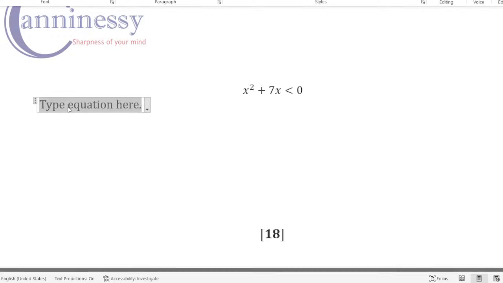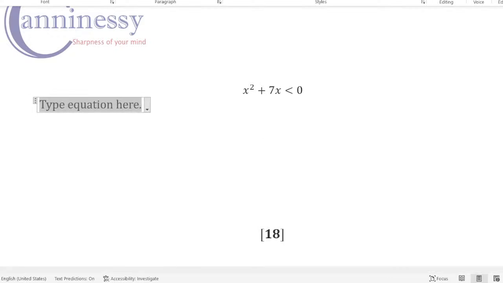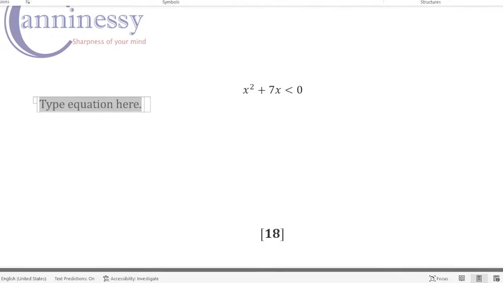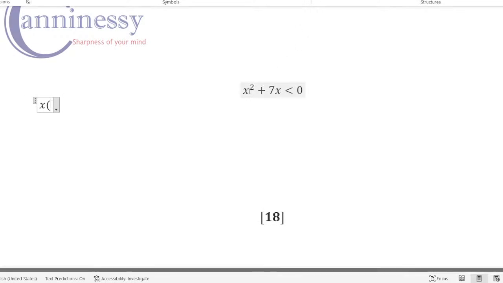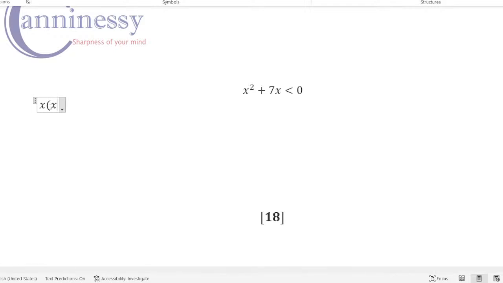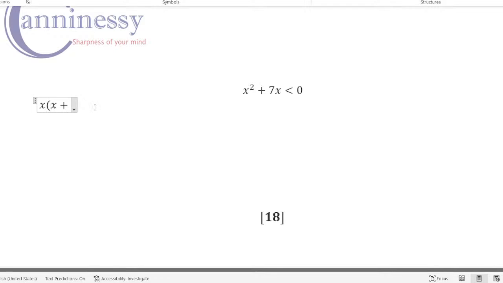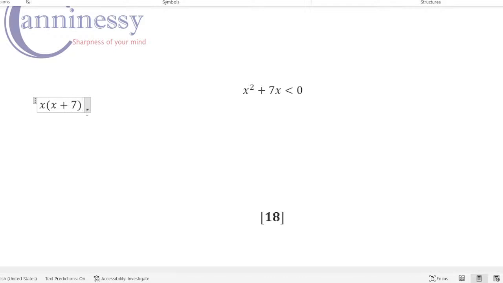Then plus, because we have a plus sign, 7x divided by this x outside the bracket will be left with 7, close brackets, is less than 0.